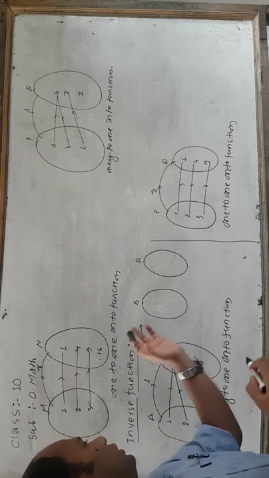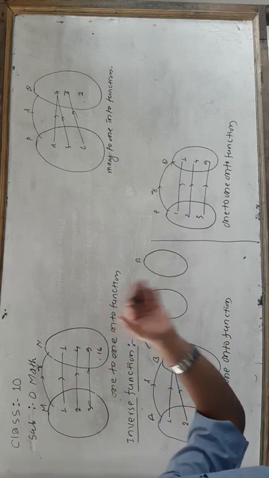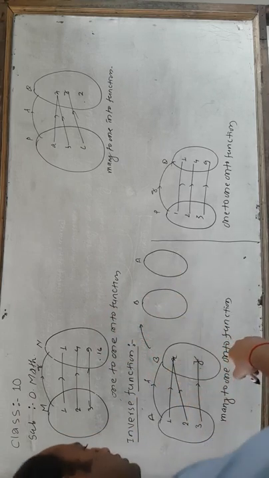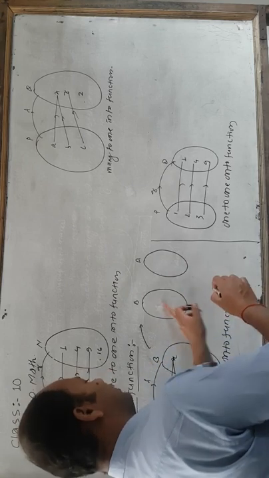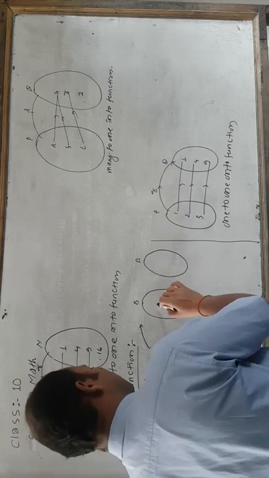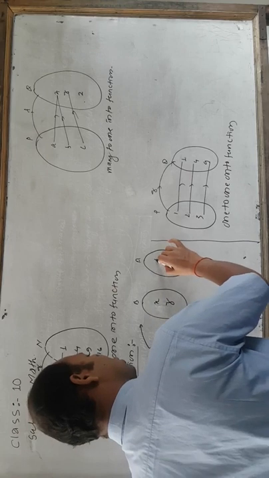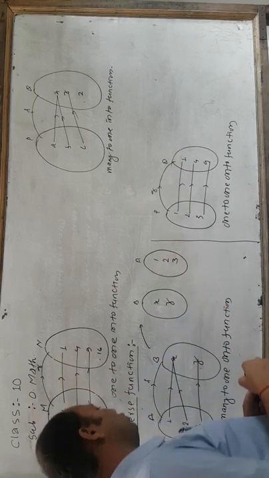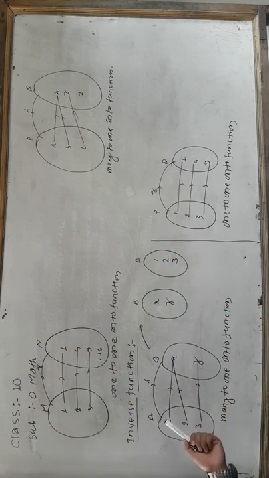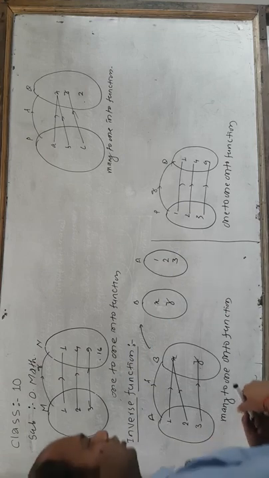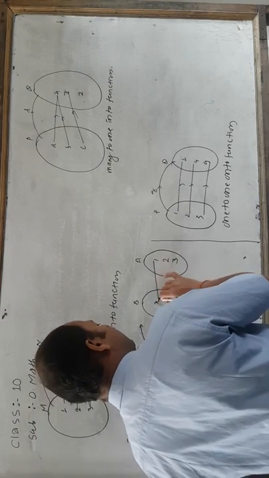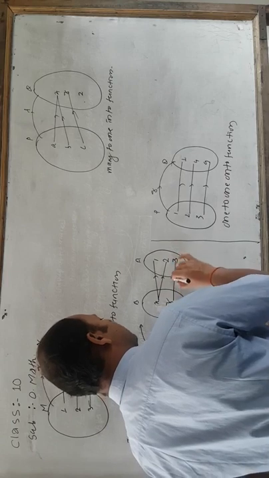In the place of A we write B, in the place of B we write A, and also their elements interchange. Here we write the elements of set B. We have X, Y, and 1, 2, 3. Now X is linked with two elements 1 and 2. Here also we map with two elements. And Y is linked with 3.